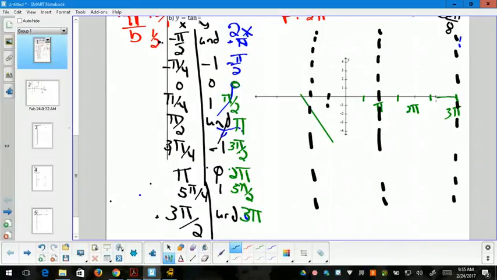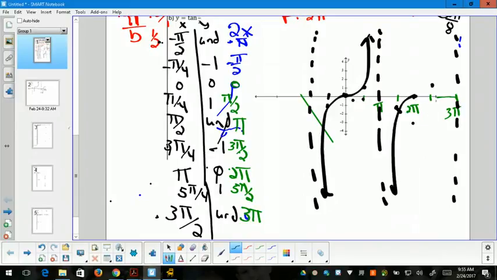Here we go down to negative 1, 0, 1. Negative 1, 0, 1. So the asymptotes are now at negative pi, pi, and 3 pi.